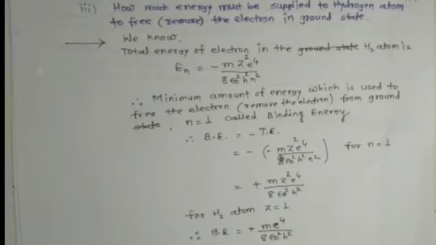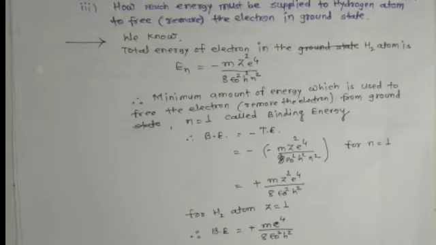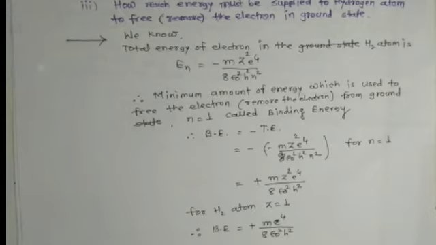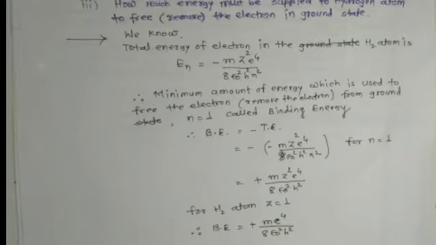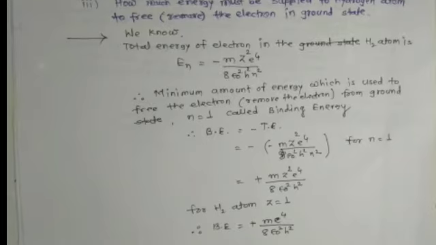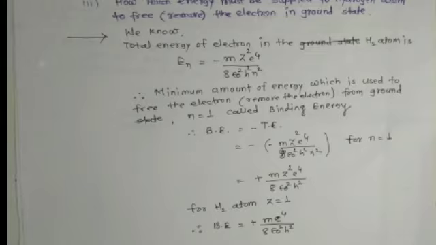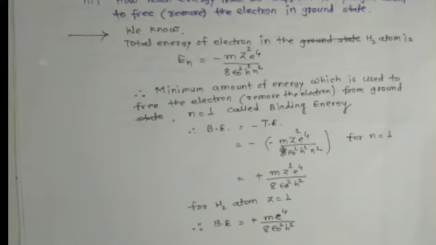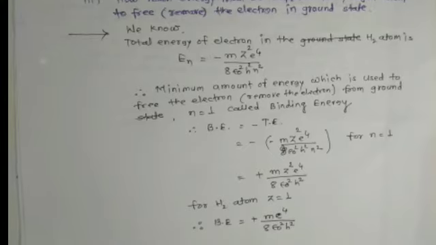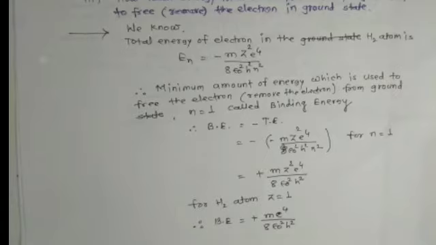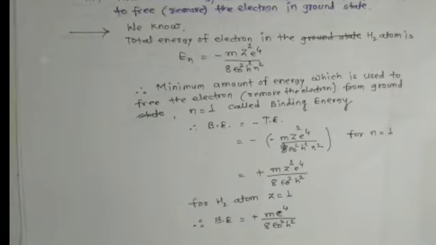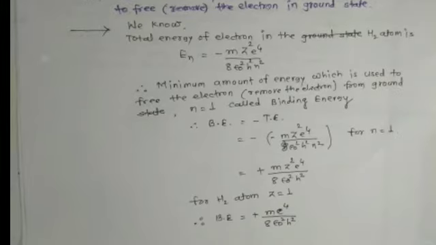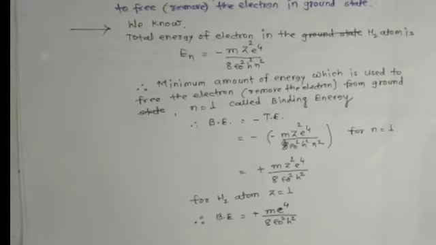Therefore, the minimum amount of energy used to remove or free the electron from ground state, or for ground state, n is equal to 1, is called binding energy. So binding energy equal to minus of total energy, which is m z square e raised to 4 upon 8 epsilon 0 square h square. For hydrogen atom, z equal to 1. So binding energy is m e raised to 4 upon 8 epsilon 0 square h square.